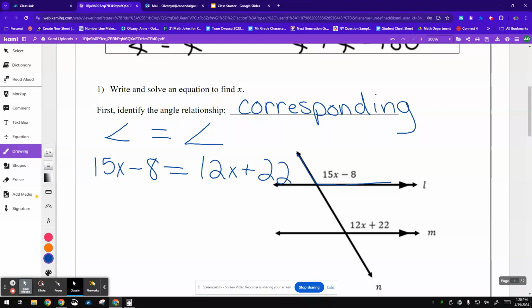Does anyone have a question up to this point? Go ahead and solve. There's nothing to distribute. There's no fractions or decimals. There's no like terms, but there are variables on both sides. So I'm going to subtract 12x. That's what I would do.